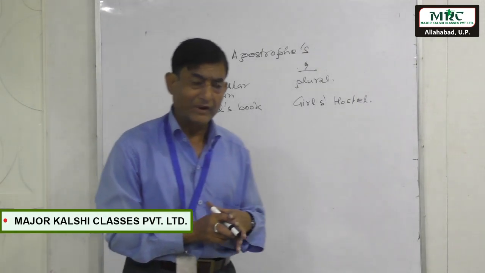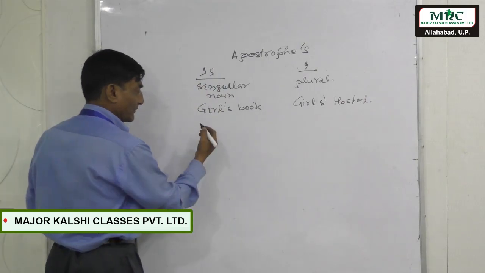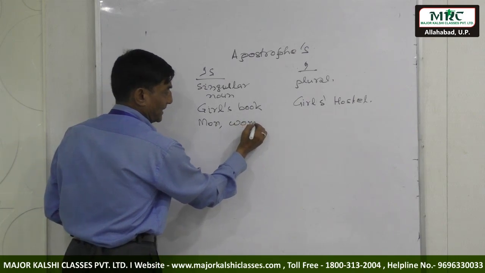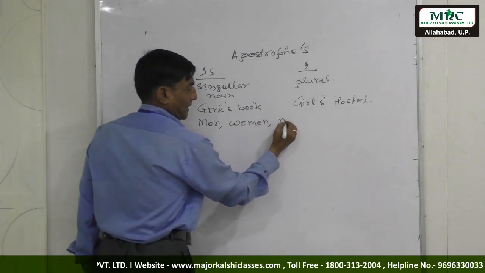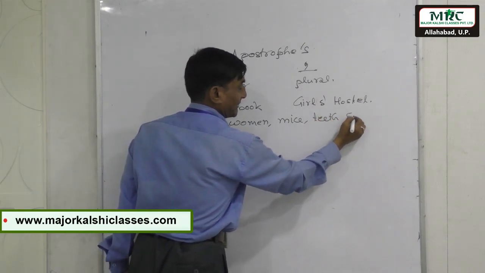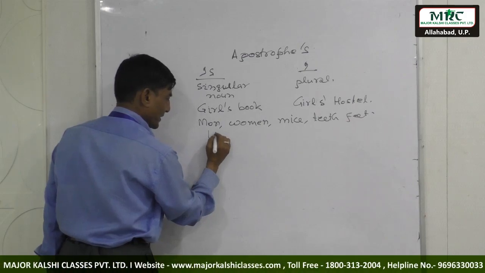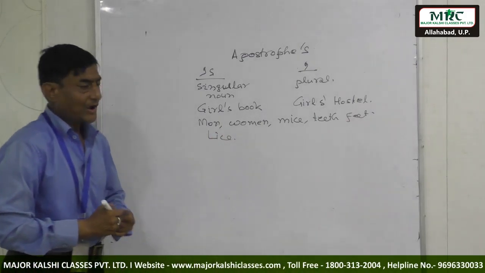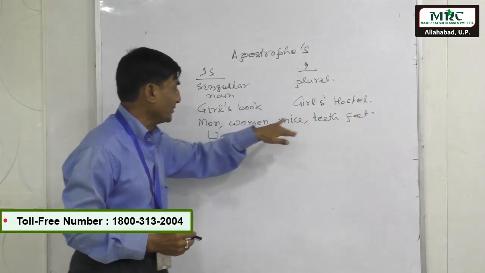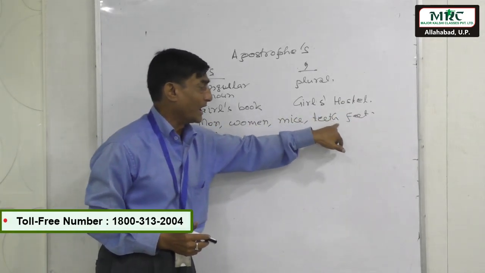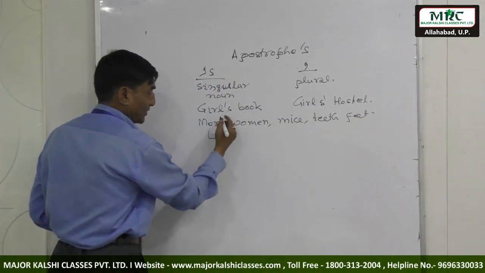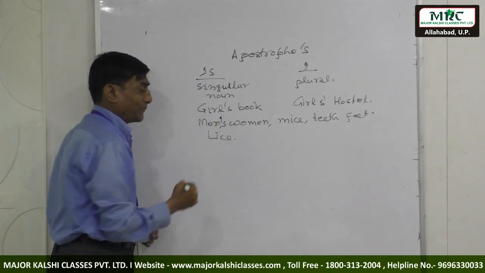But in some nouns we get the plural without adding s. These are men, women, mice, teeth, feet, lice, etc. All these words are plural, but we see that we don't use s in making these plural, and in this case, if we have to apply apostrophe s, we have to apply the sign and s both with these.